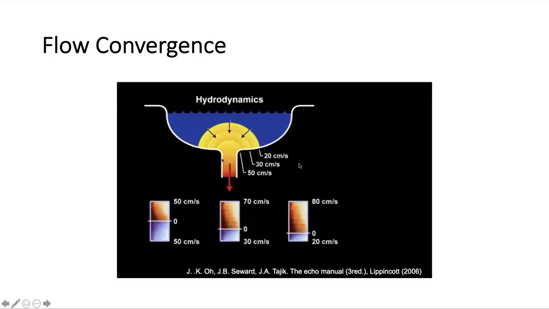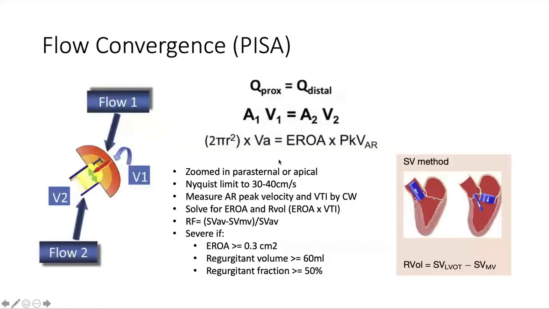So what you do is adjust your Nyquist limit to determine what the velocity at your aliasing boundary will be. In the example here, if you drop your Nyquist limit, you know that at this shell, what's above will be blue, and the shell itself will be red or yellow. You want to measure the distance from the orifice to that shell, for which you'll know the velocity.